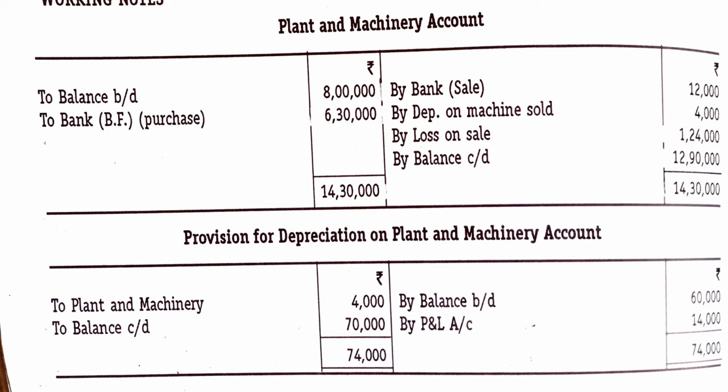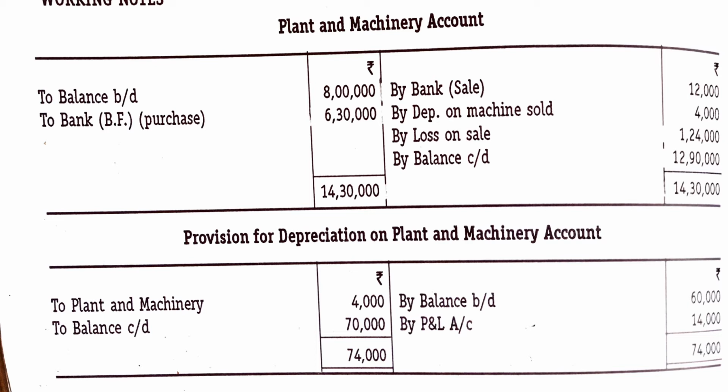Credit the plant and machinery account by bank account for 12,000 rupees. Then charge depreciation on machinery sold to the worth of 4,000. After that, loss on sale of machinery, it is the difference between book value of machinery and sale of machinery in the market as well as depreciation.